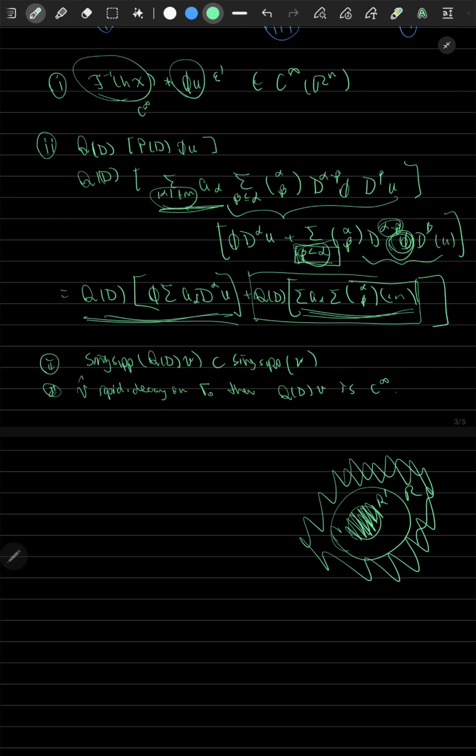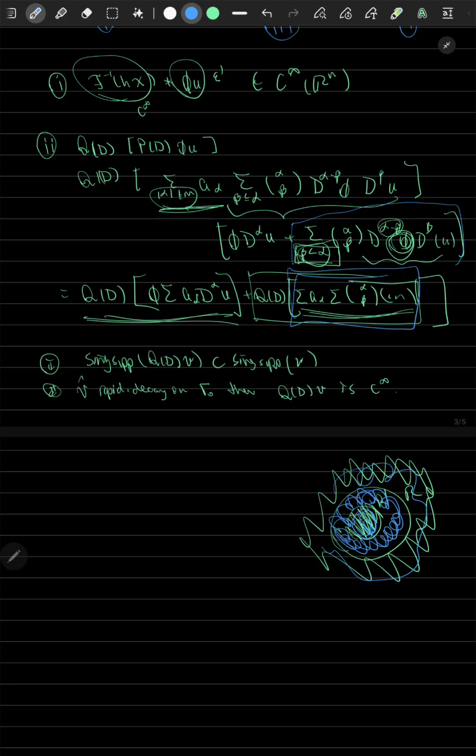So this little circle in the middle is the only part where phi actually varies. So the derivative is always going to be 0 in here and 0 outside of here. Meaning the singular support of this whole term is only contained in this annulus here, right?